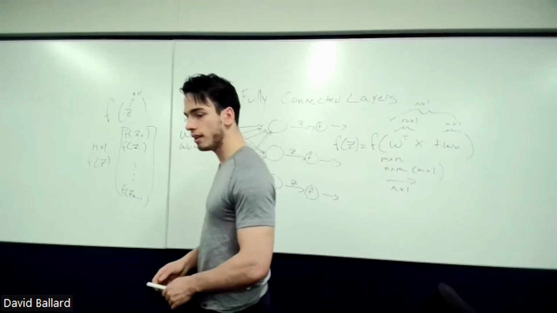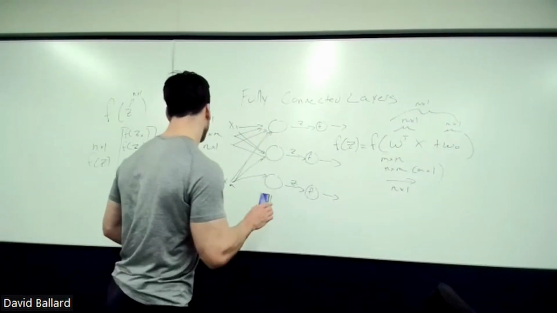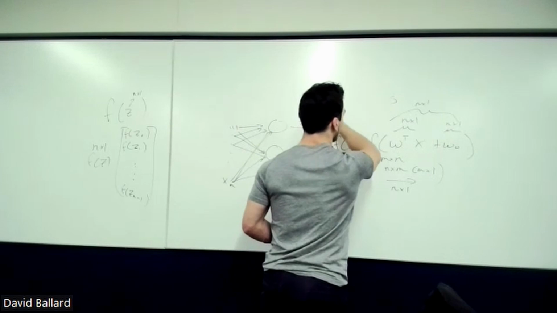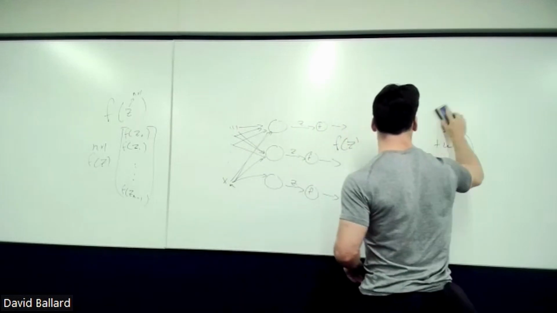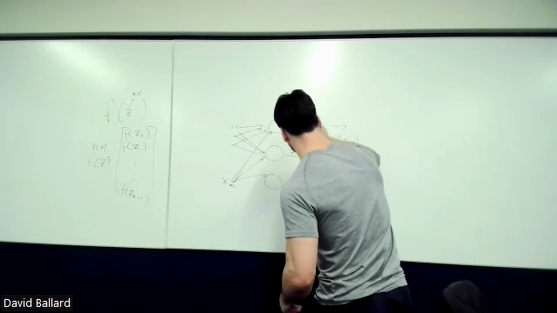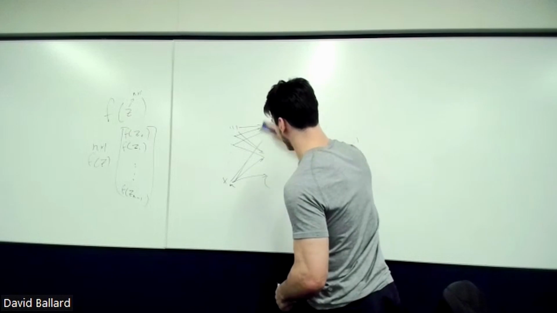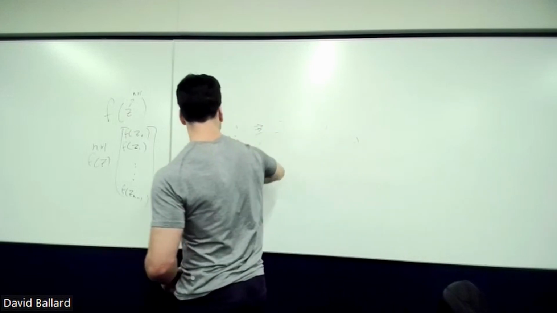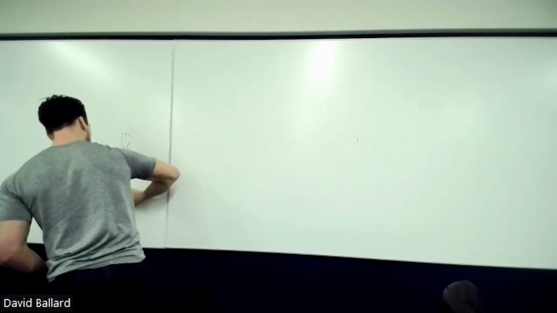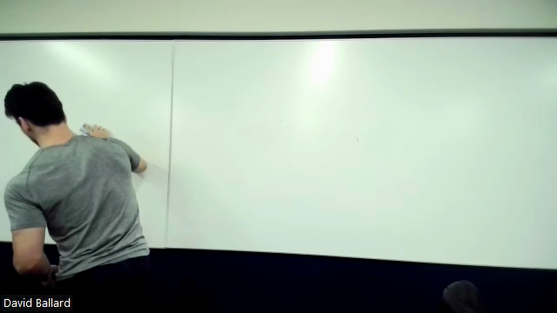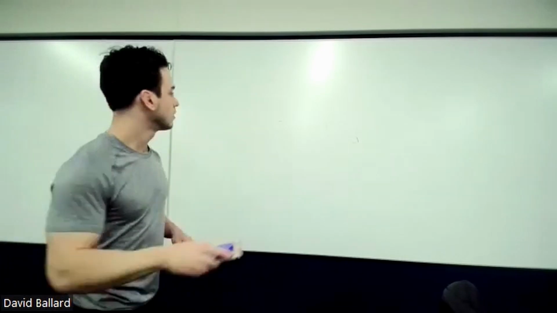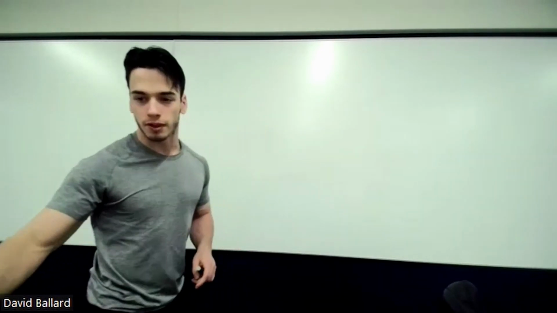Okay, so now before we talk about different types of activation functions, we're going to talk about what is a network. Well, it's pretty self-explanatory. A network is just connecting many layers in series. Same as before, really.